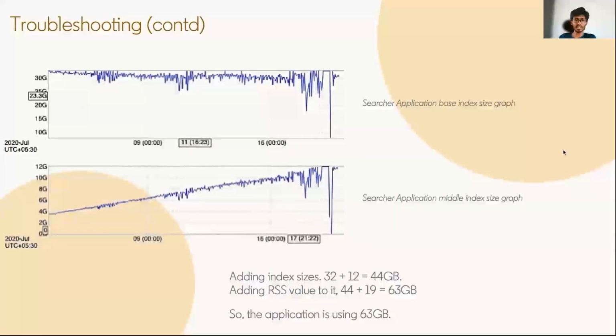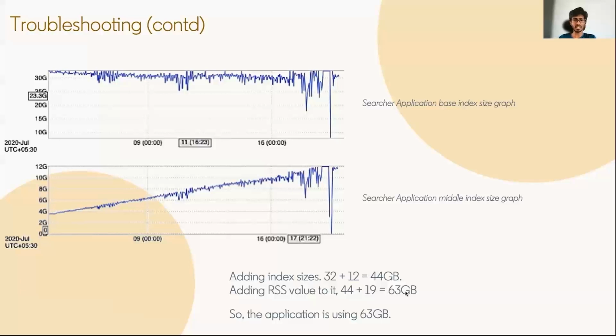So we took a different approach and looked at it from the application's point of view. We looked at the application metrics and figured out the base index and middle index sizes. We verified that on the host as well, and we also looked at the RSS value. Adding the index sizes, we got a value of 44 GB, and the RSS value was 19, so adding that, we got 63 GB.